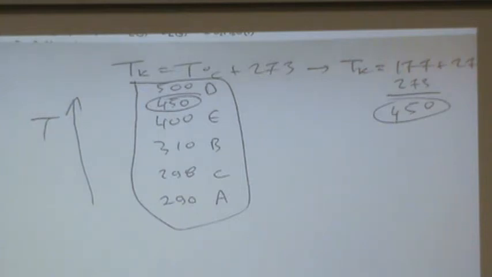Non-permanent. That means if we compress it, it will liquefy. That means it is not above its critical temperature, it is below its critical temperature. Right? Which gas is that the temperature is below its critical temperature? D. Can you see that?